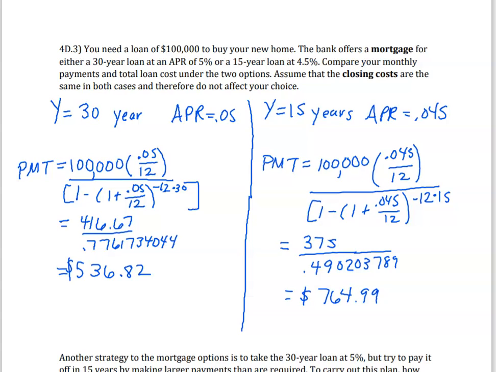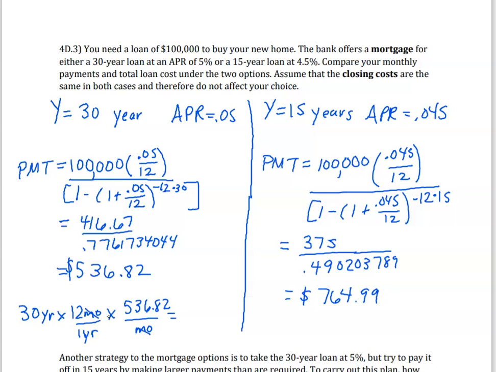$764.99. So how much would we end up paying for this one? Well, we're paying on it for 30 years, and there's 12 months in a year, and the payment is $536.82 every month.